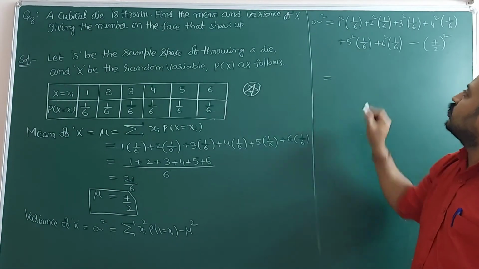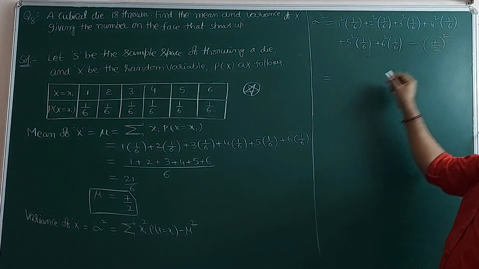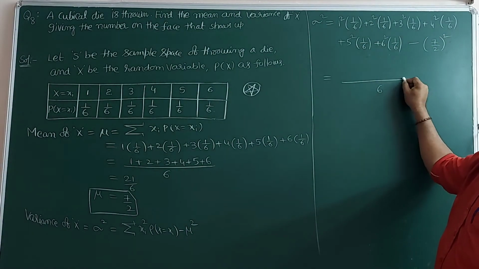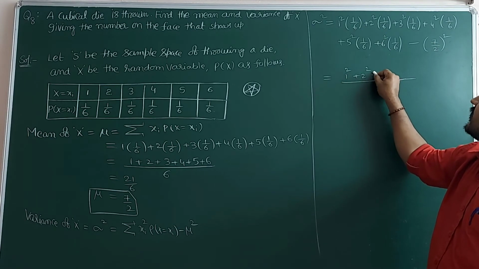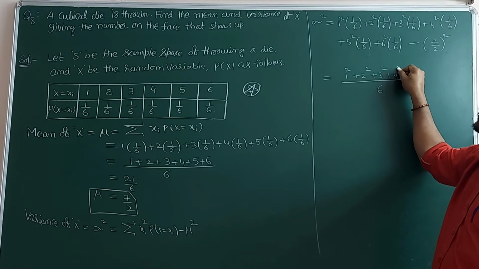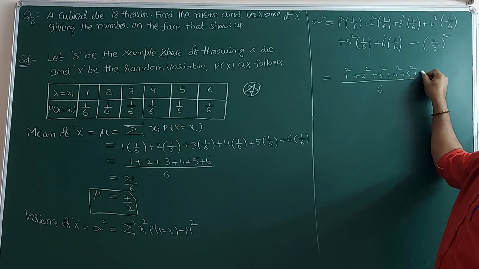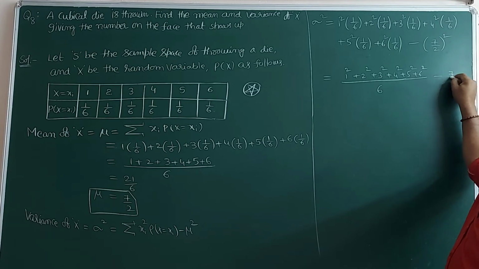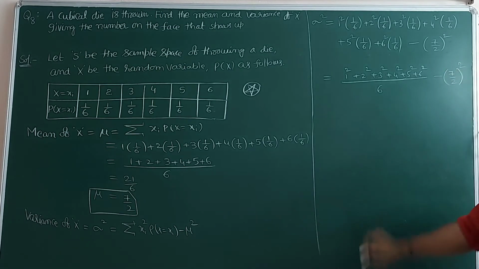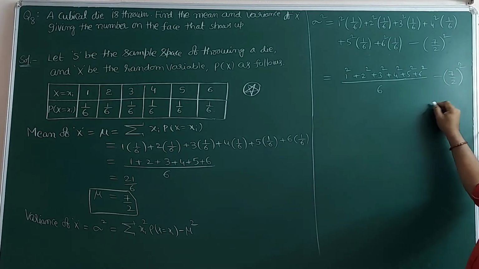So one by one we will do it. Here also 6 is the LCM in the first term: 1 square plus 2 square plus 3 square plus 4 square plus 5 square plus 6 square, minus 7 by 2 whole square. Which is equal to 36, 25, 16.